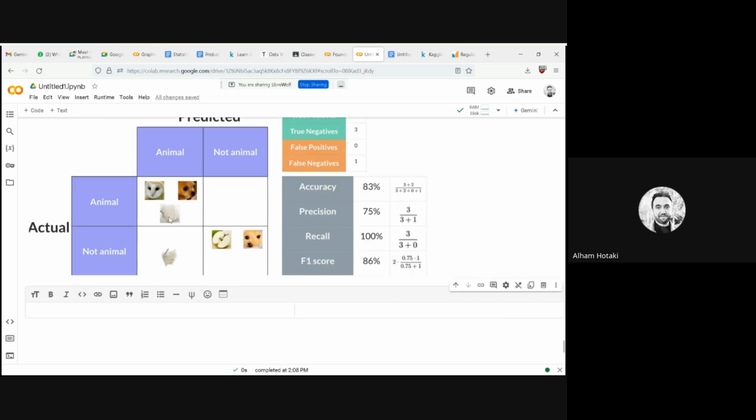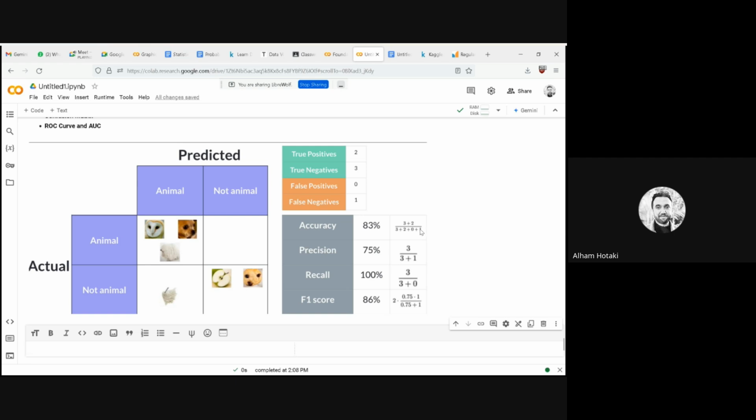Okay, assume that we have developed a model which is predicting a very simple thing. You provide the model a picture, then the model decides whether it is an animal or not an animal. You got the concept of the model. So this is the model that we have developed, and this is the confusion matrix. It's a very simple confusion matrix. This is true, this is false, and this is false, and this is true. These are the actuals, and these are the predicted ones.